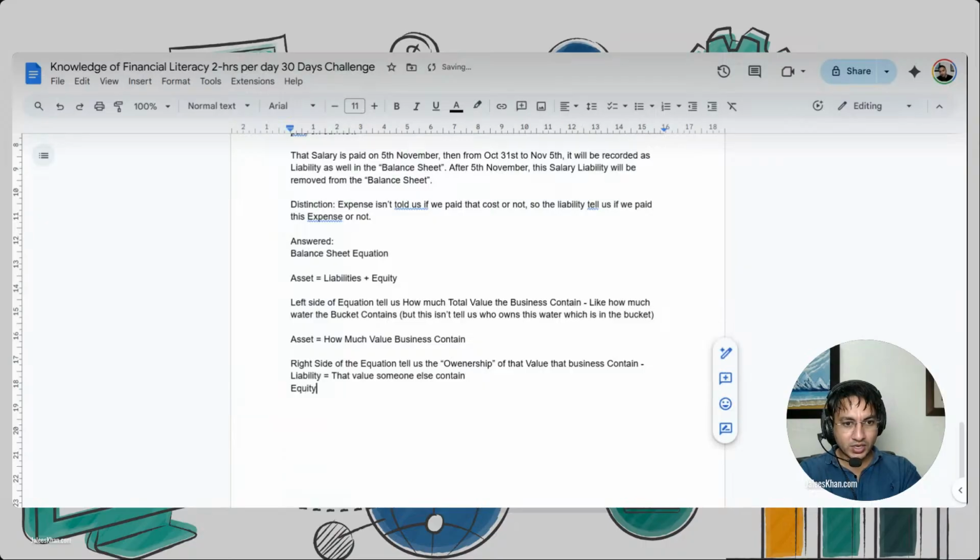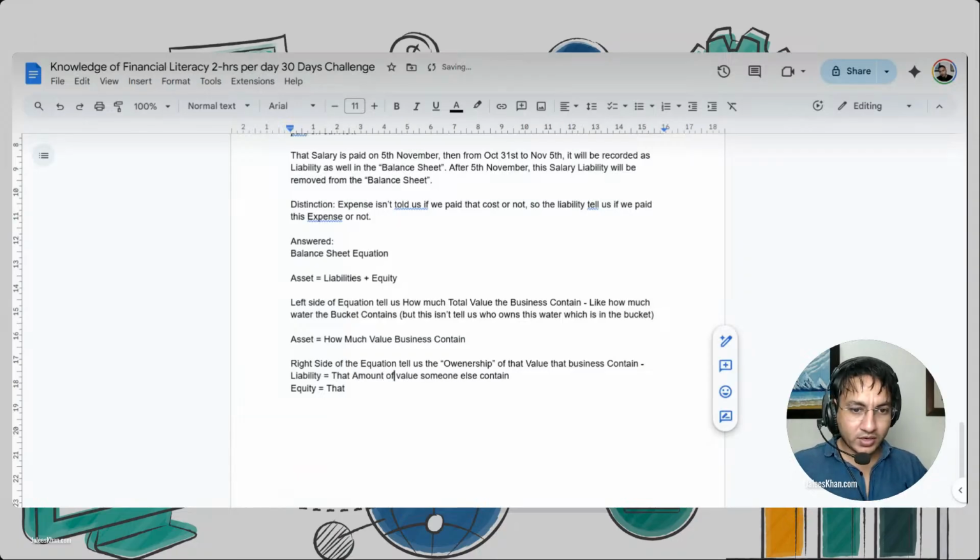Equity, you can say, is that amount of value the business owner contains.